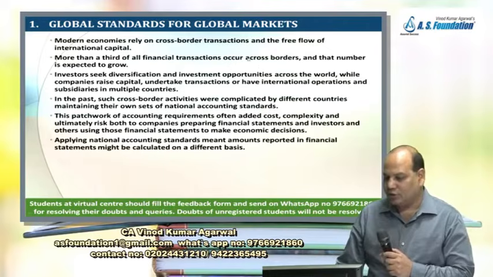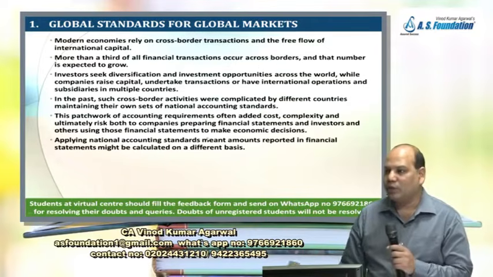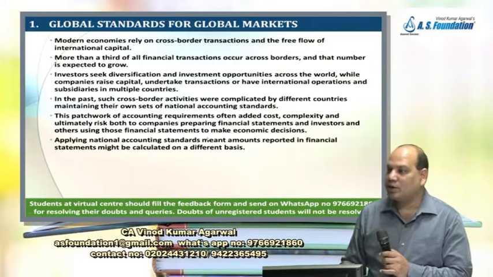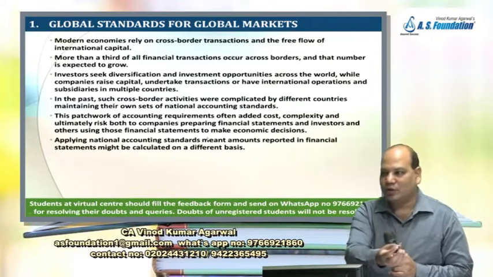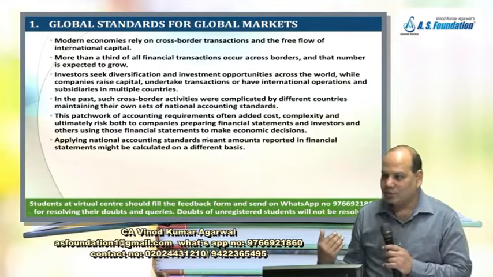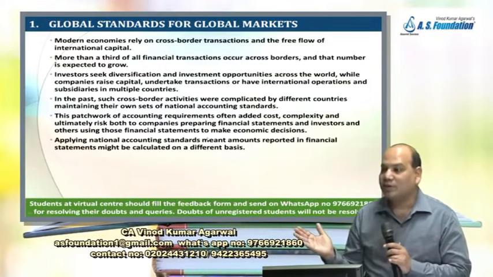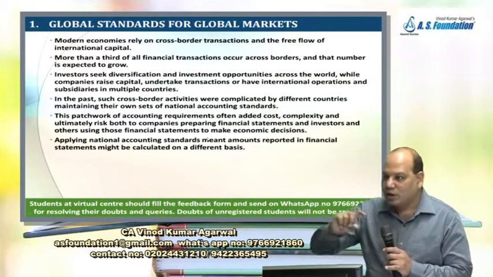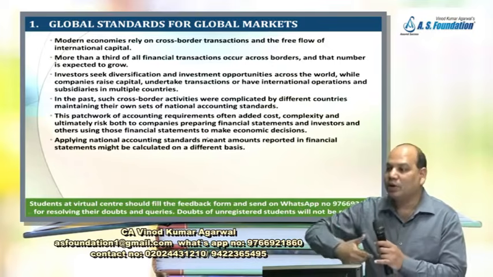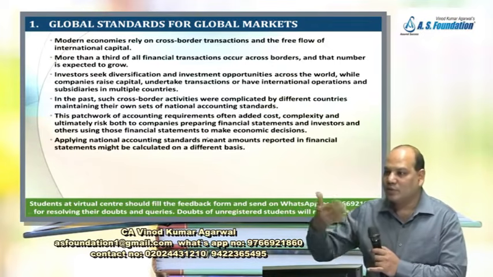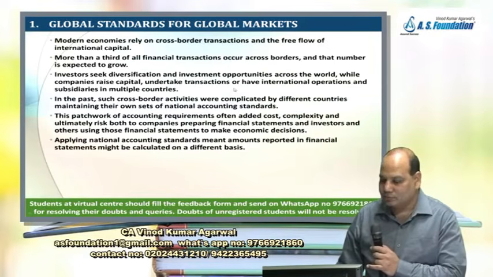Then countries thought, why don't we have a common standard? So that it doesn't matter whether this is a balance sheet of an Indian company, Japanese company, Chinese company or a UK company. We can compare the numbers. The only thing you have to do is convert into one single currency, and then the comparison will become easier if the treatment for similar transactions is given in a similar way.